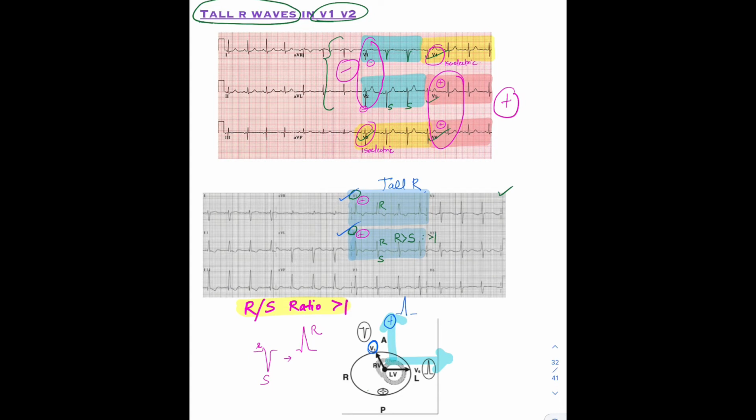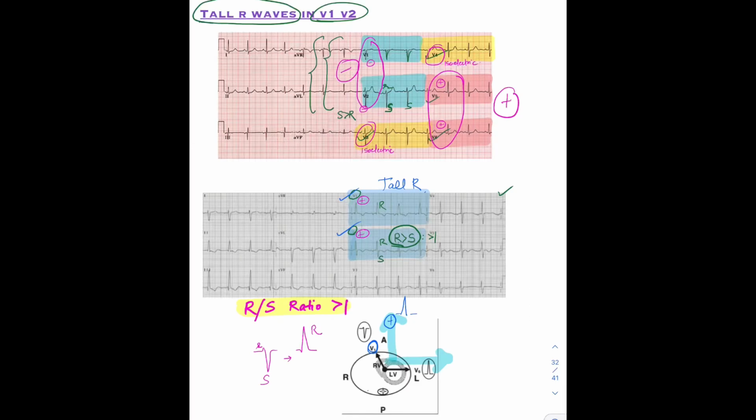Okay, so the RS ratio becomes more than 1 in case of RVH in the leads V1 and V2. But when you look at the normal ECG, you will see that the S waves are taller than the R waves. Okay, but in case of RVH, the R waves are taller than the S waves.